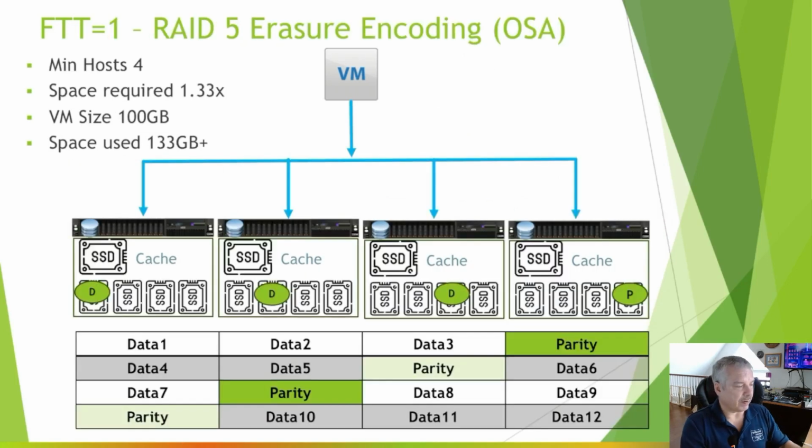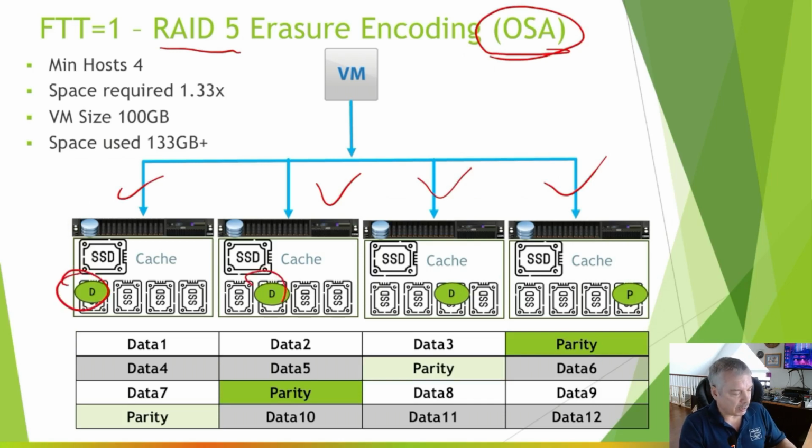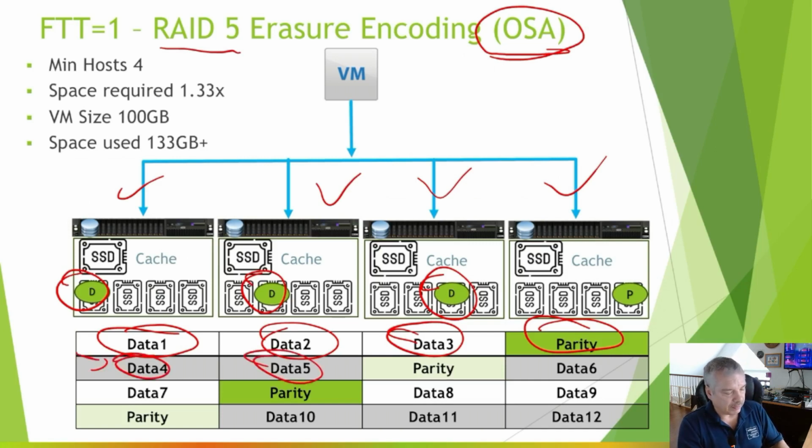Then there's the RAID 5 erasure coding. In the original storage architecture, you need at least 4 servers. What we do is stripe the data across, just like RAID 5. Your first stripe is data 1, data 2, and data 3. Then you have a checksum or a parity. Your next stripe is a data stripe as well: data 4, 5, and 6.